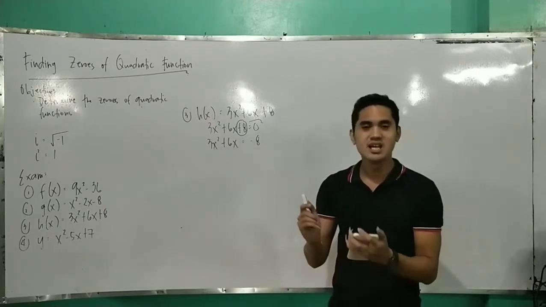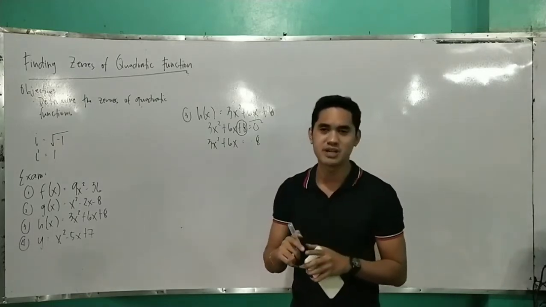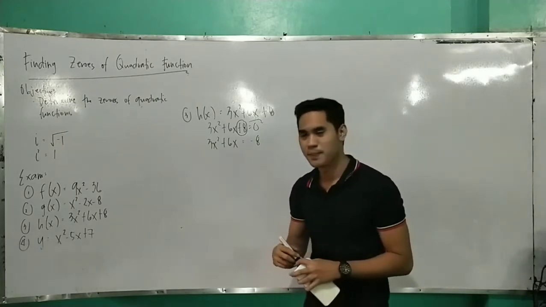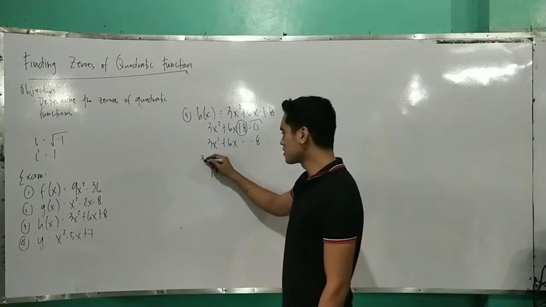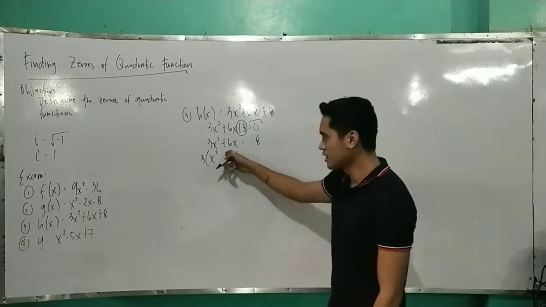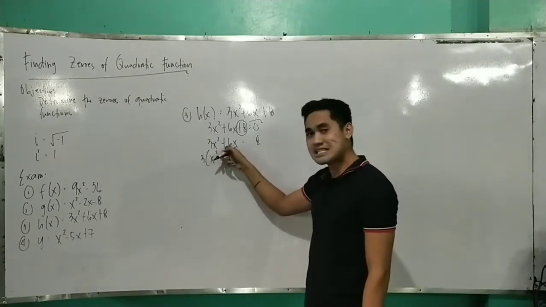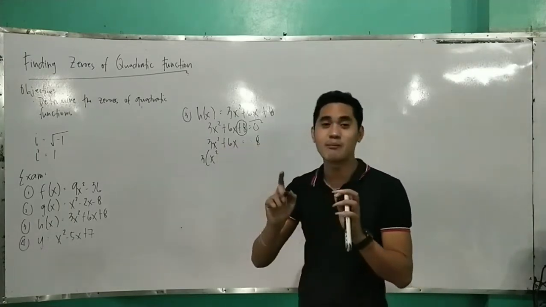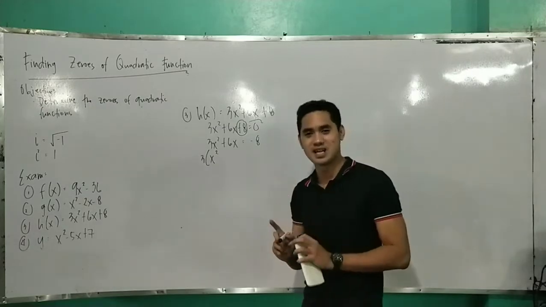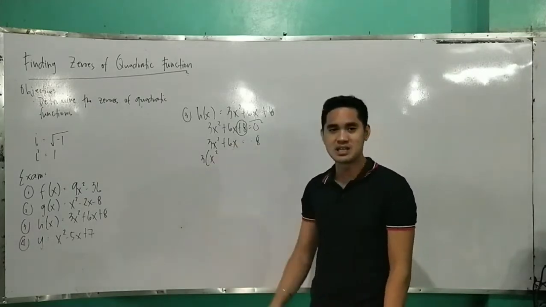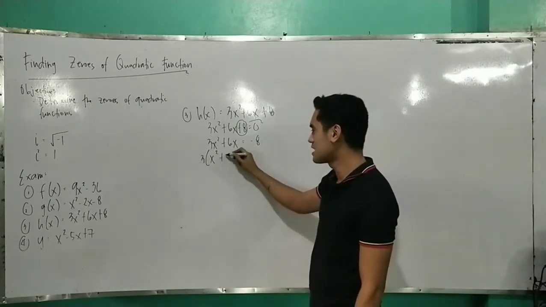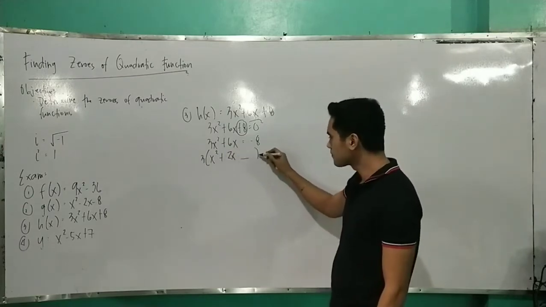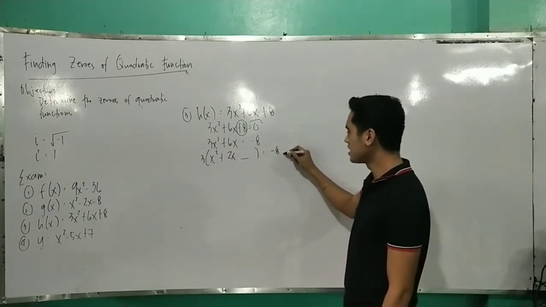Ibig sabihin, kailangan muna natin siyang ilabas para maging coefficient natin is 1. Kung ilalabas ko yung 3, matitira is x squared. Yung 6 natin, since naglabas kayo ng 3, hindi kayo nagbawas kundi nag-divide kayo. So, 6 divide by 3 is 2. Meron tayong plus 2x, equal negative 8.